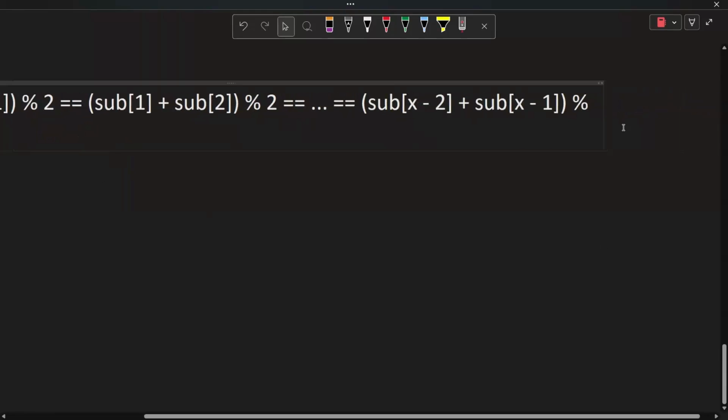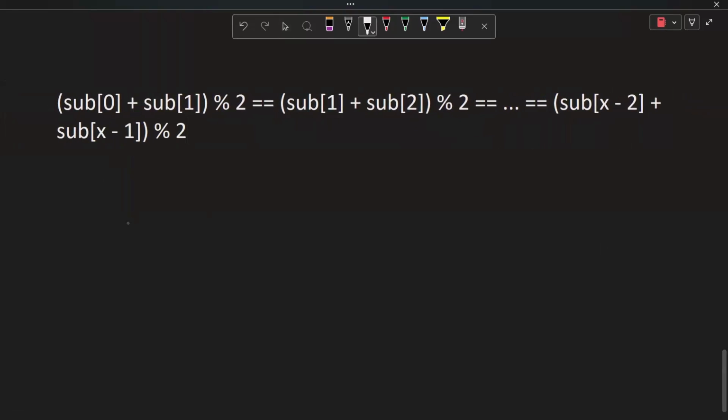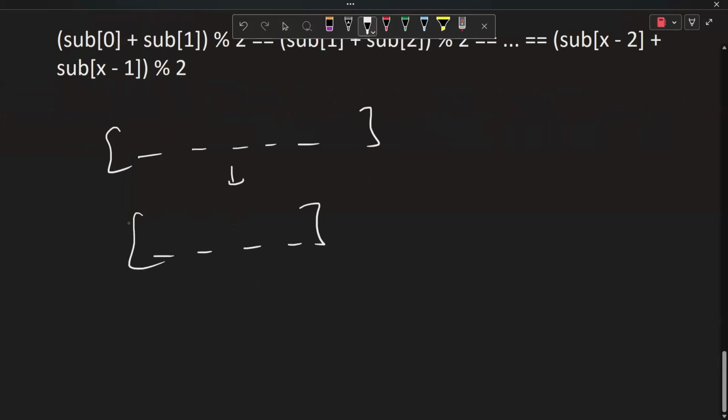Now let's analyze what this condition means. You are given an array with some elements, and from it you have picked a subsequence. Let's say you deleted some elements and then picked this subsequence. Say the subsequence is of size 4, then it would have indices 0, 1, 2, 3. So x is the size of the subsequence.